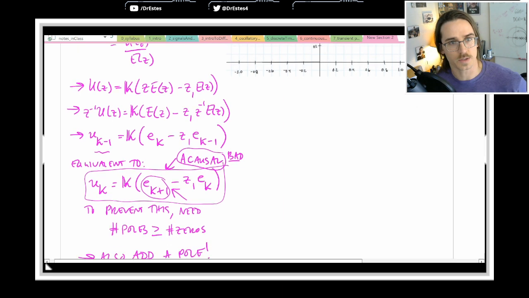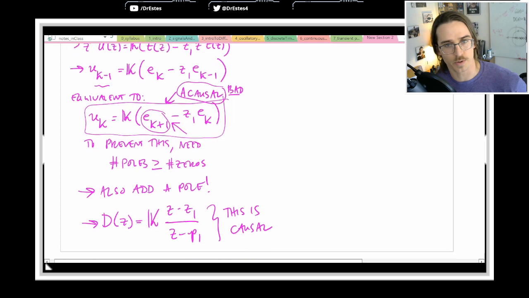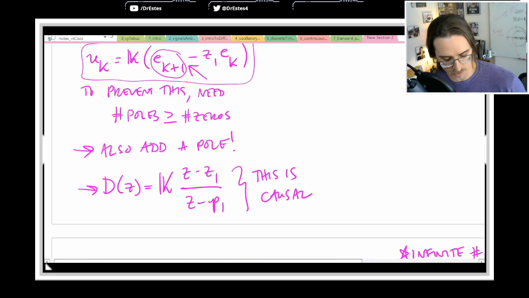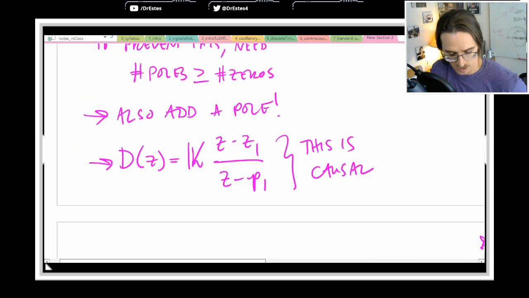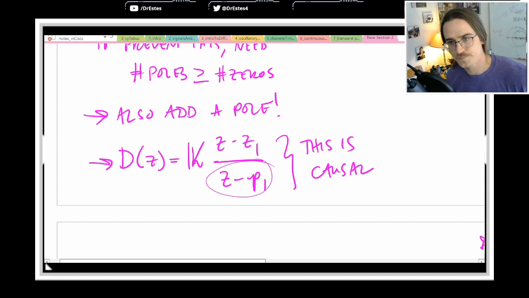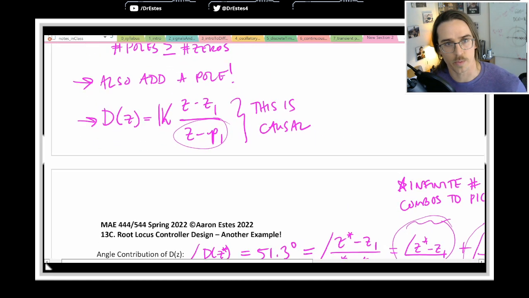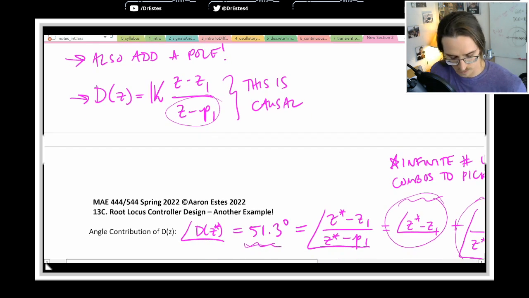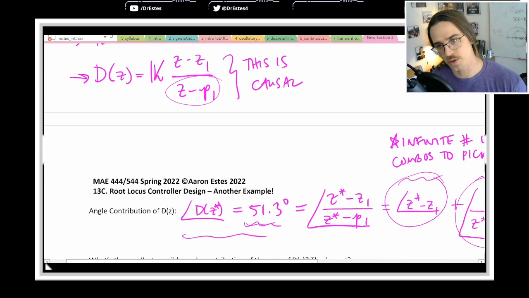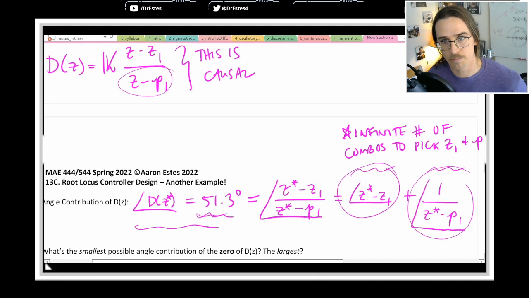So what we did is we said, we know we have to contribute a positive angle, but you can't just have a 0. So we added a pole. And this is where we ended up last time. We said, look, D still needs to contribute positive 51 degrees, but we're doing it with a 0 and a pole.